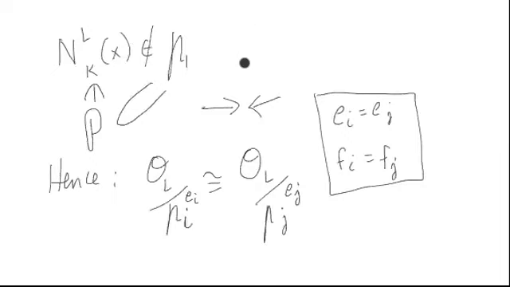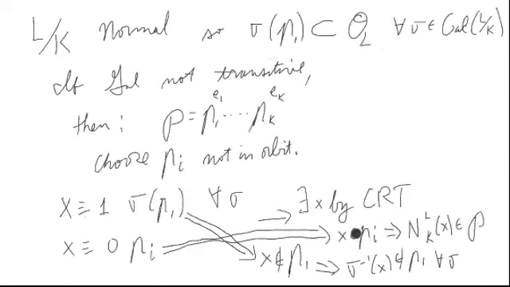So now we know that the norm of x from L down to K cannot be contained in there. Why can't it be? Because you can express the norm as a product of sigma inverses, and none of those guys live in there.